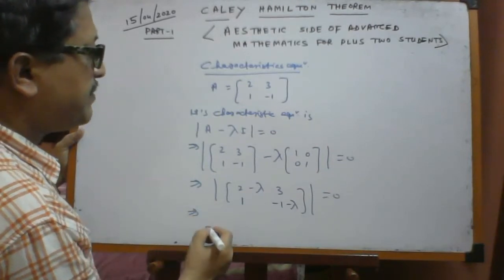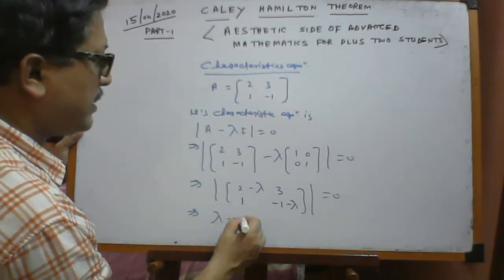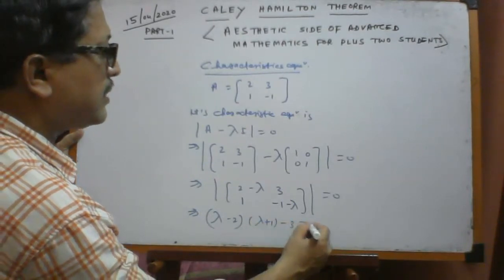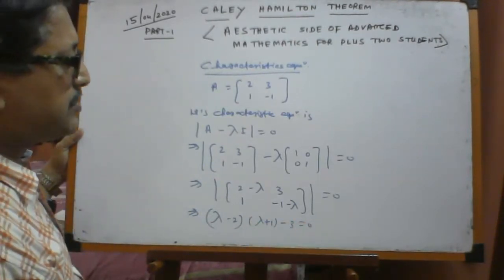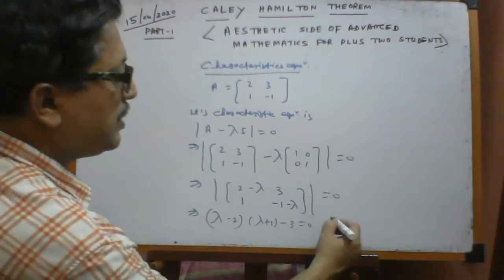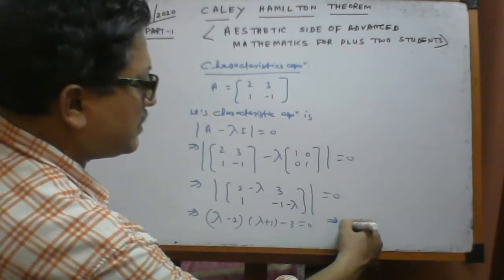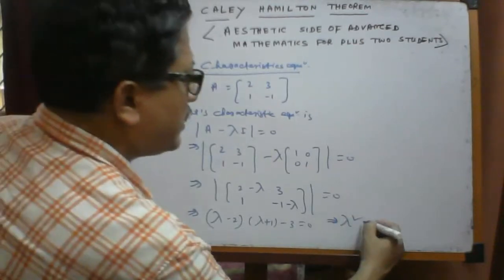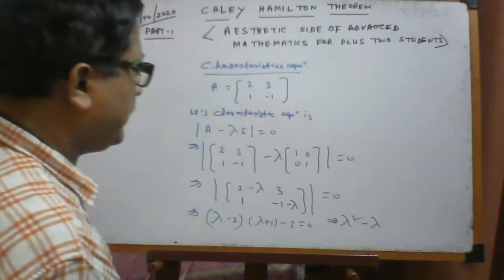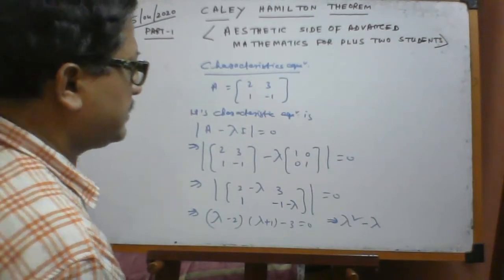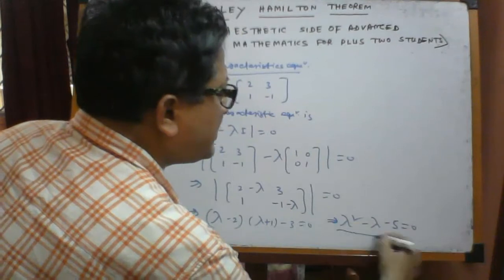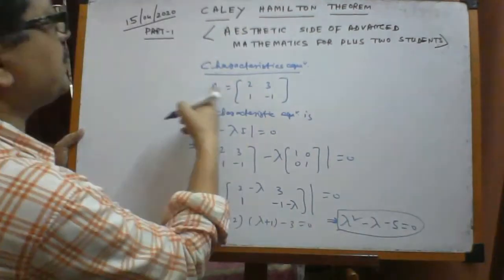If you simplify it, it is going to be lambda minus 2 into lambda plus 1 minus 3 equal to 0. So this gives us lambda square minus lambda minus 5 equal to 0. This is the characteristic equation of this matrix.